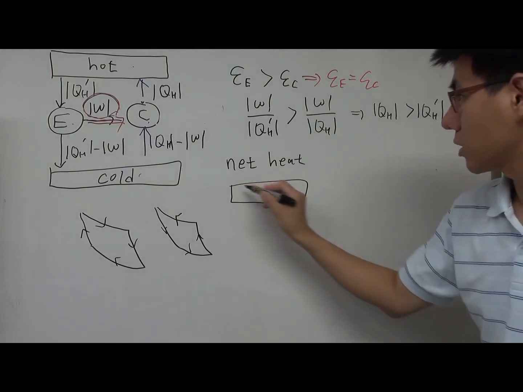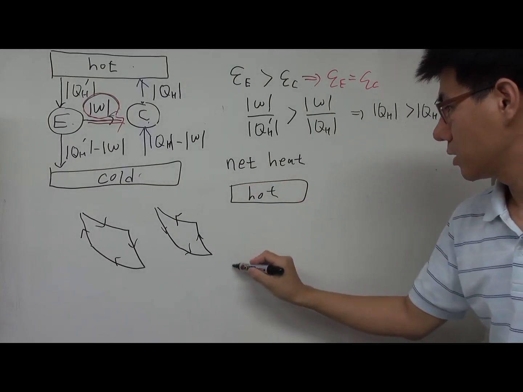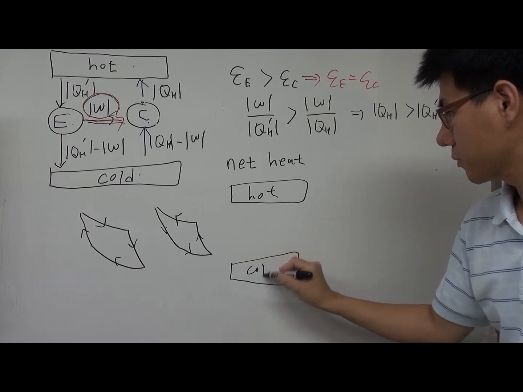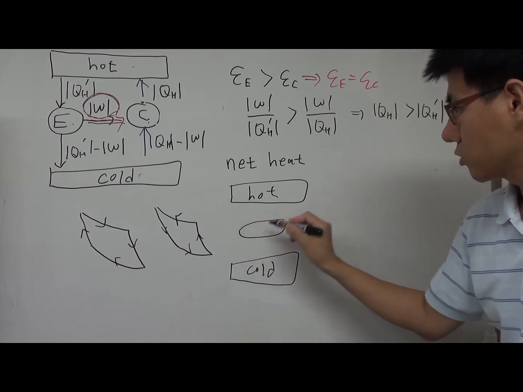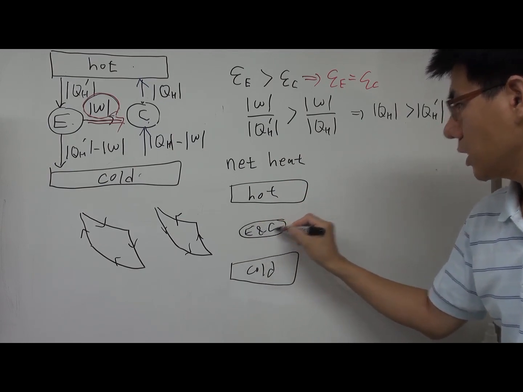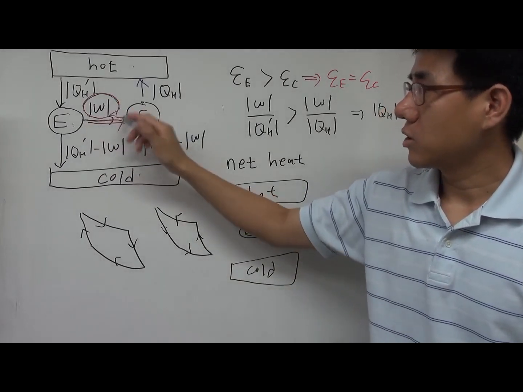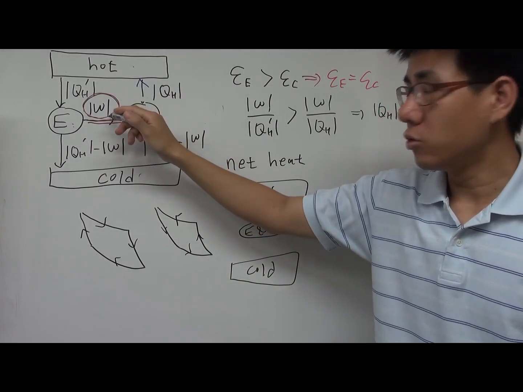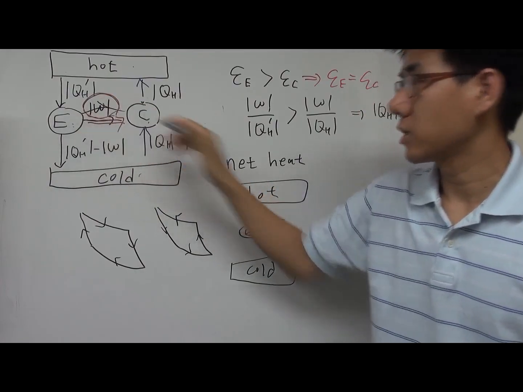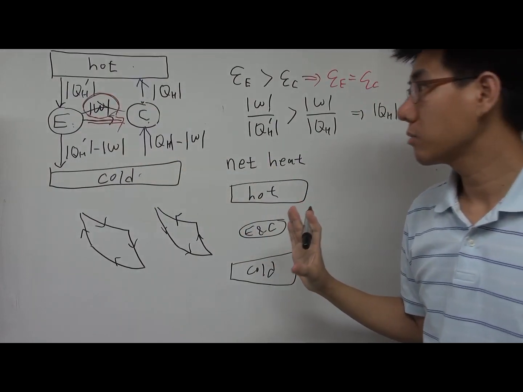So there is a hot reservoir, a cold reservoir, and two engines together, E and C. This engine generates this amount of work. This engine uses this amount of work. So the work is basically removed, right?